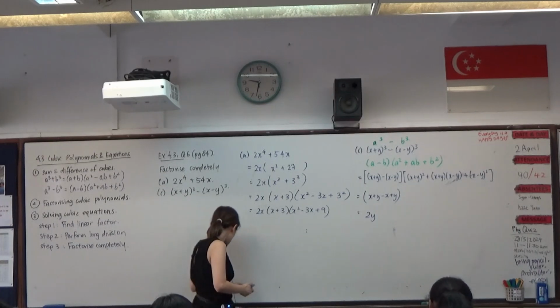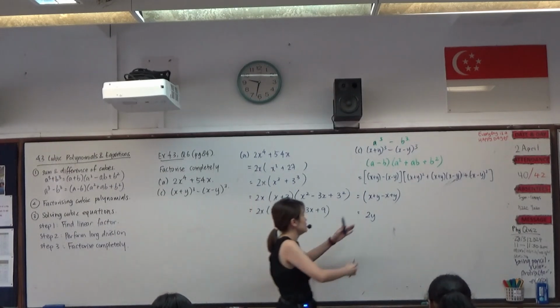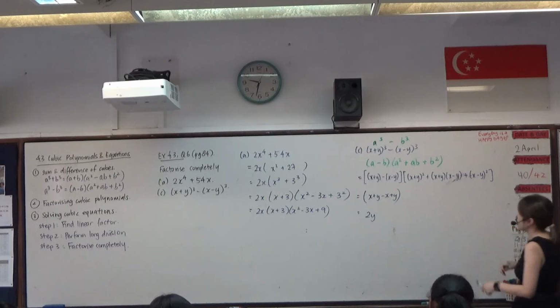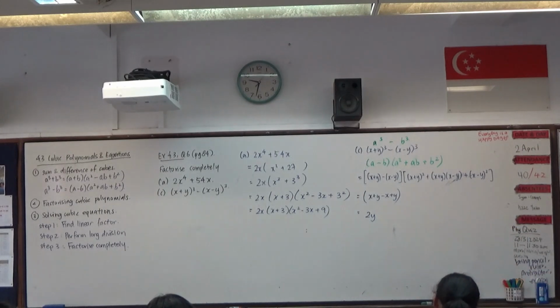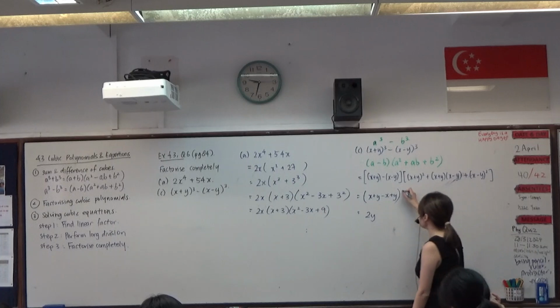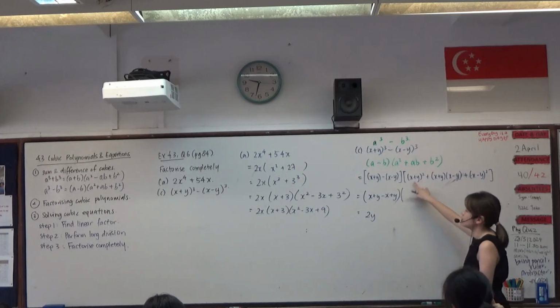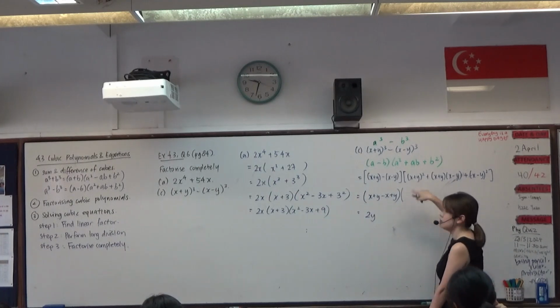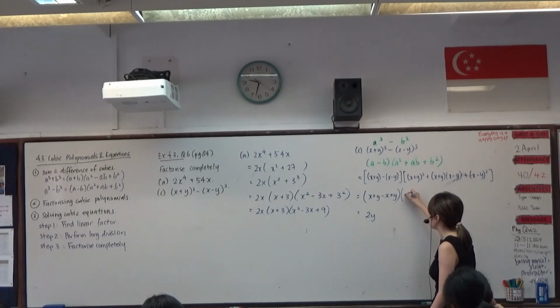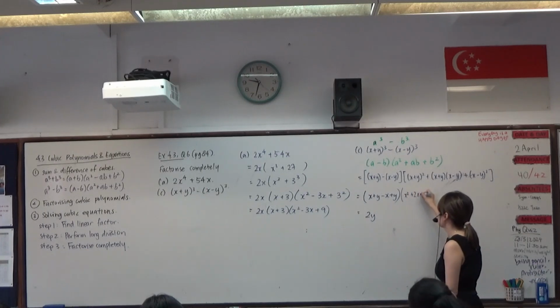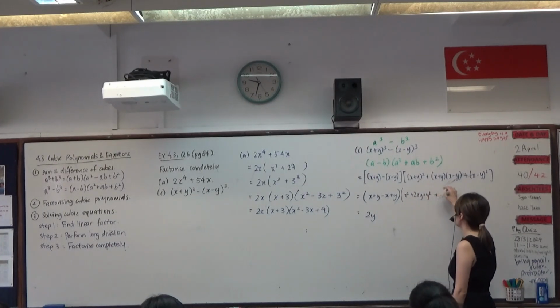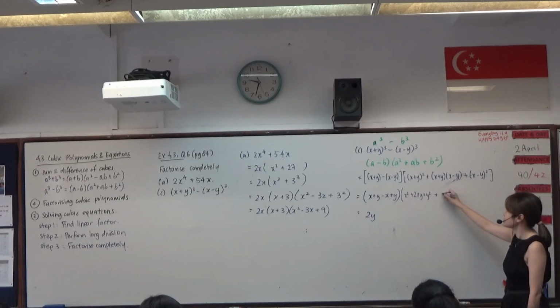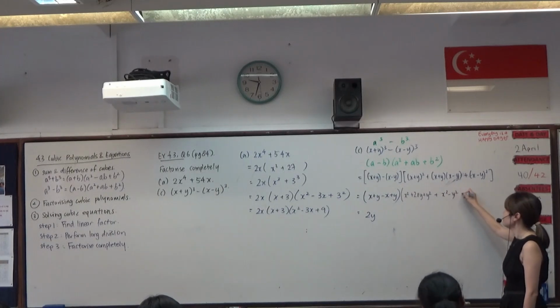Then in the next, more elaborate set of brackets, do we need to expand the x plus y bracket squared? Yes, unfortunately. Which explains why we need to know how to expand this quickly by using the identity rather than sticking with our breakpoint method. So x plus y times x minus y is your x squared minus y squared.